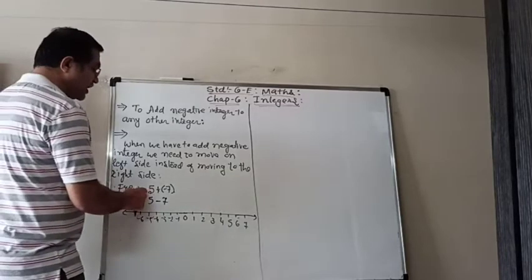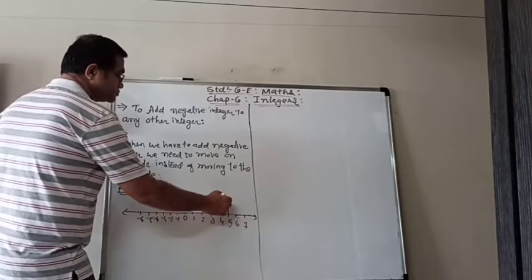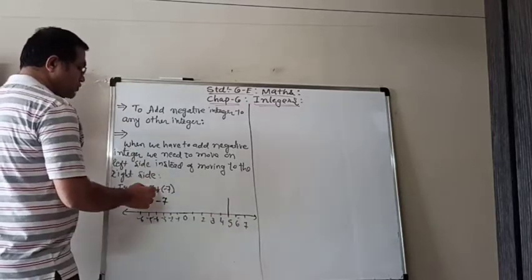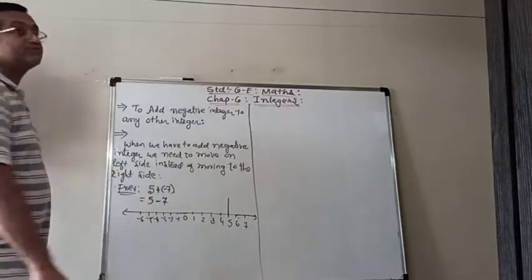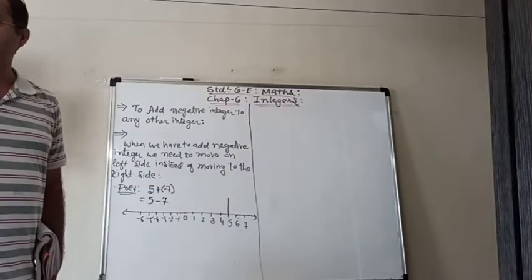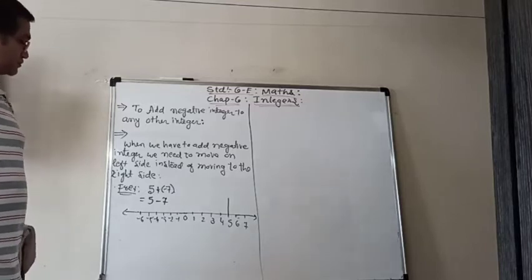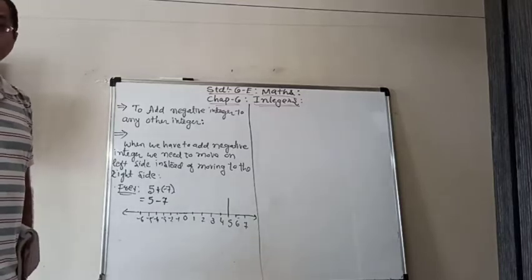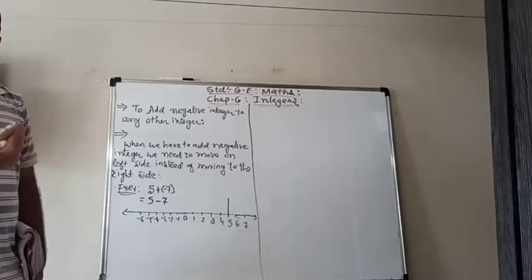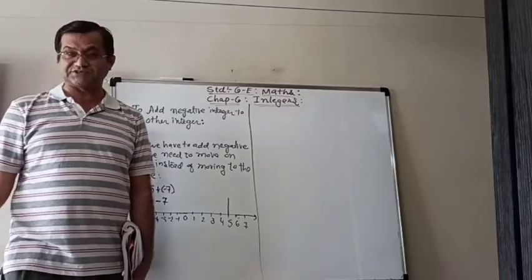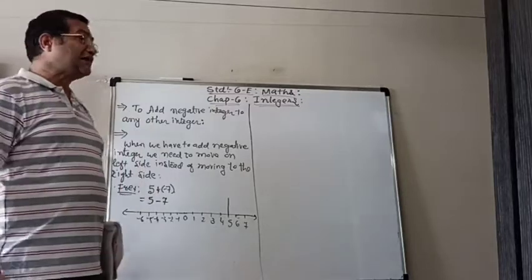So here we have to start from 5. Now there is a plus sign but a negative integer, so we have to move towards the left and not toward the right. How many steps? Which is the second number? That is 7. So we have to move 7 steps to the left side.